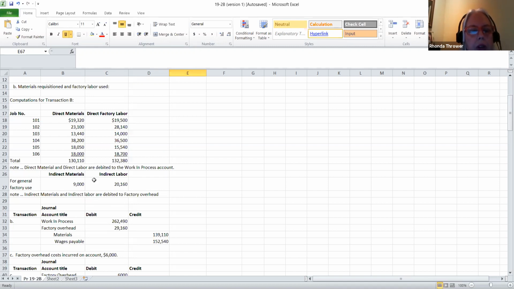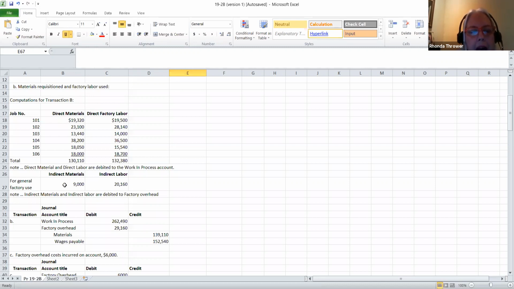In this part of the problem, they also gave us the indirect materials and the indirect labor. Indirect materials and indirect labor are a part of factory overhead. Our factory overhead is an account that is treated like an expense. The increase side of factory overhead is on the debit side.